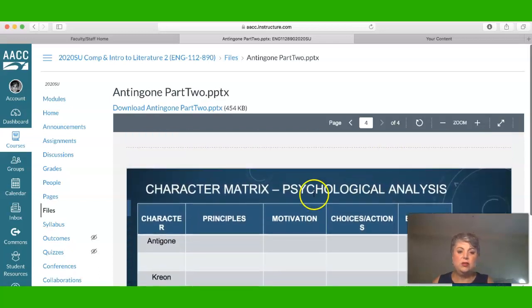Here is another brainstorming tool. It's a character matrix and just a way of organizing a psychological analysis of the characters. And I've got the characters going down and then principles, motivation, choices or actions, and examples going across.